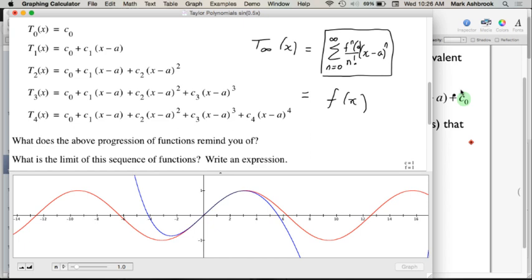So these are Taylor polynomials. These approximate. This is called the Taylor series, because it's the sum of all of the terms, or it's the limit of that sequence of polynomials. So that's the Taylor series.